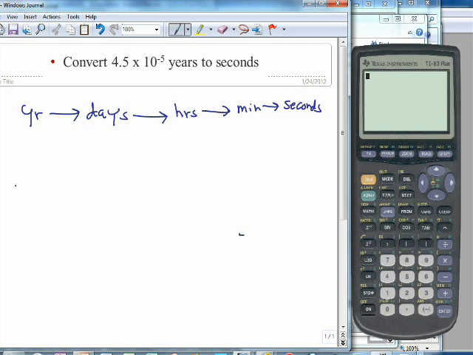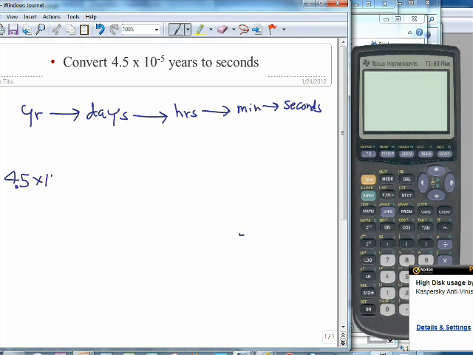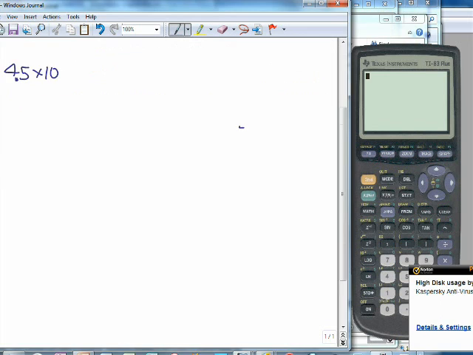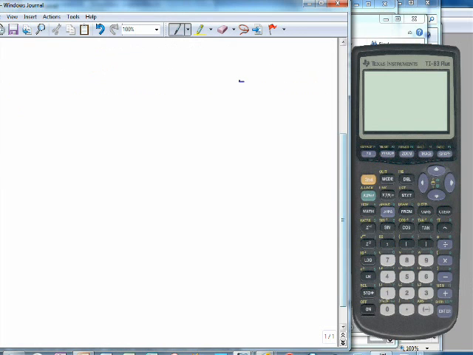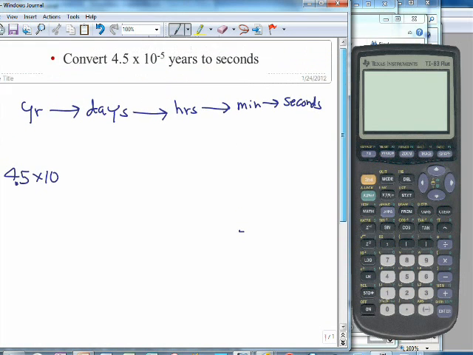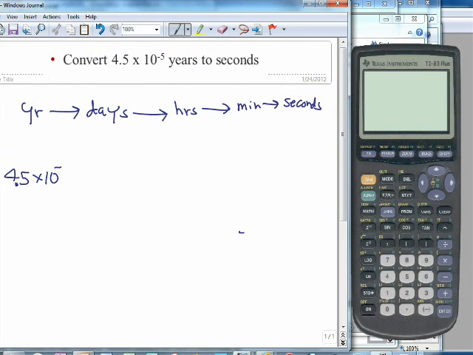Let's put what we start with up here: 4.5 times 10 to the minus 5th years over 1. That's what we start with. So we want to go from years to days. So we need a conversion factor.